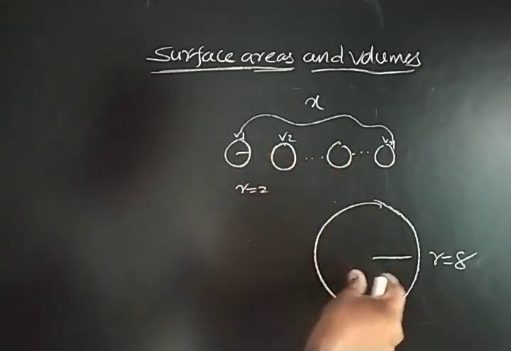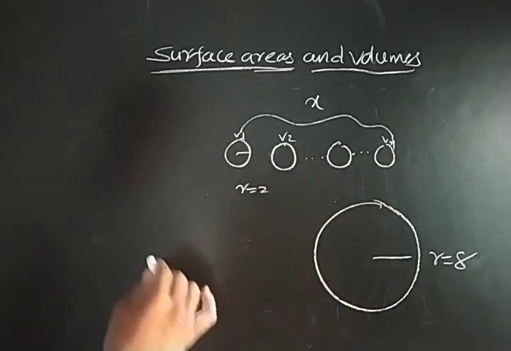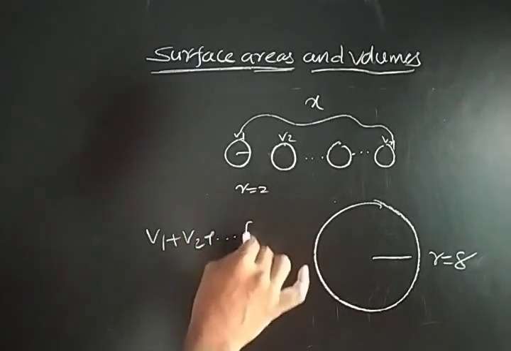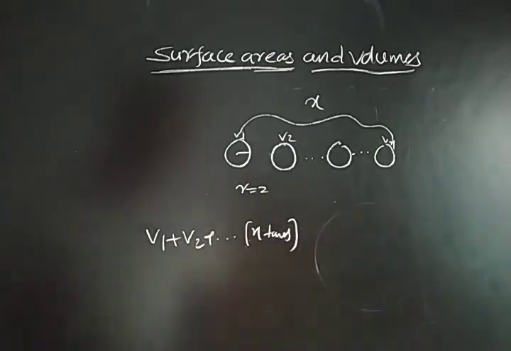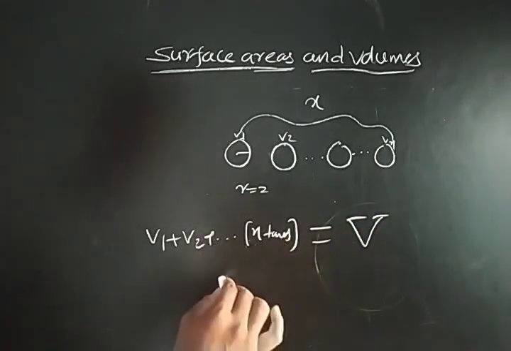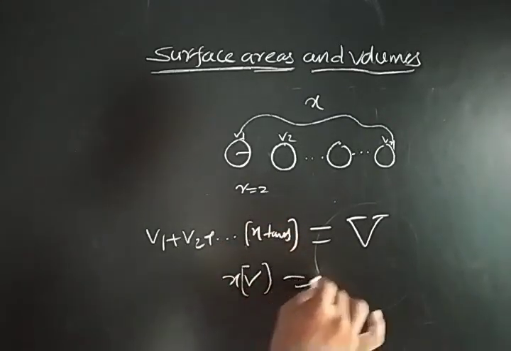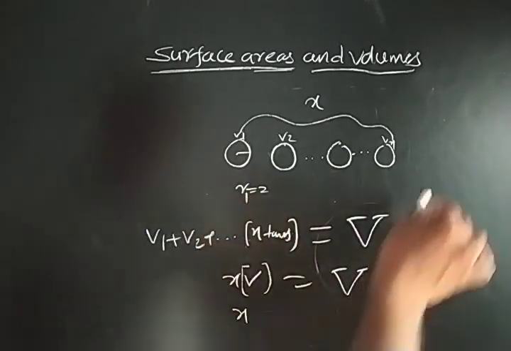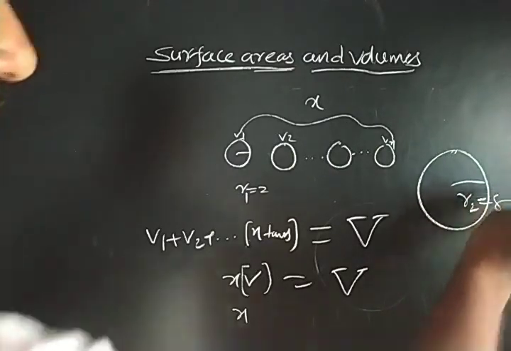By adding all these volumes, v1 plus v2 and so on, x times, it equals the solid volume, capital V. So x times the smaller sphere volume equals the bigger sphere volume. Suppose I take the smaller radius as r1 and the bigger sphere radius as r2.